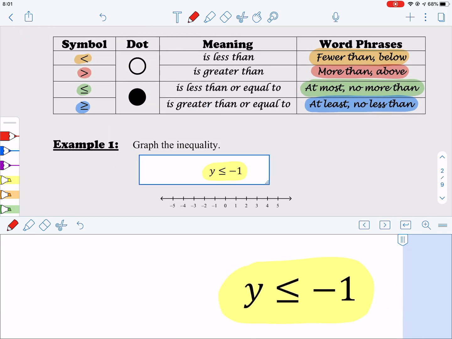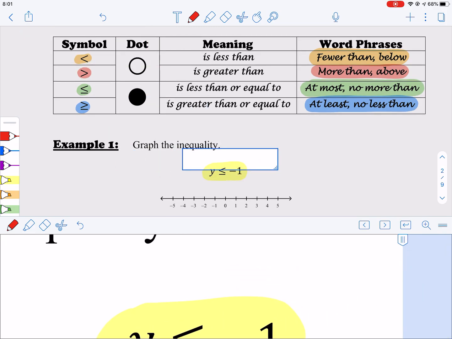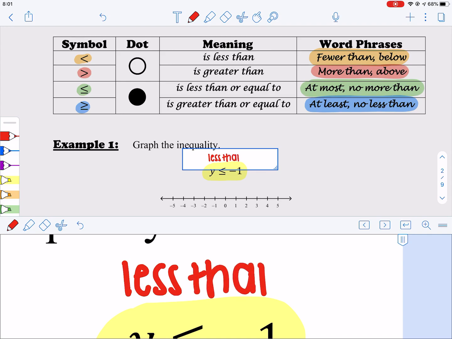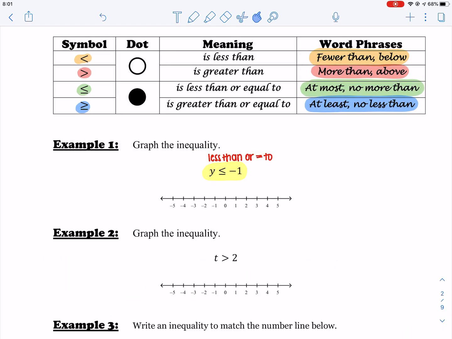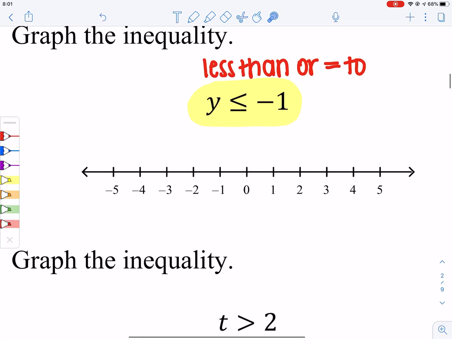Let's remind ourselves that this symbol means less than or equal to. So the value that you're plugging in for y could be any number that is smaller than -1, or it could also be equal to -1.